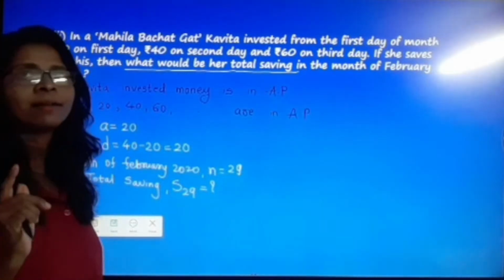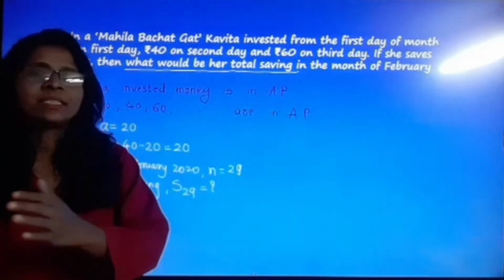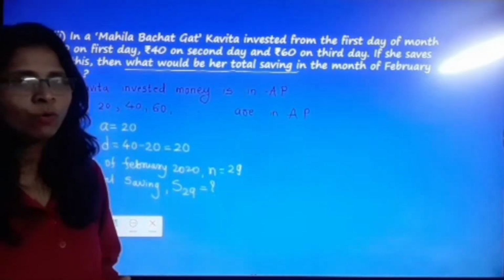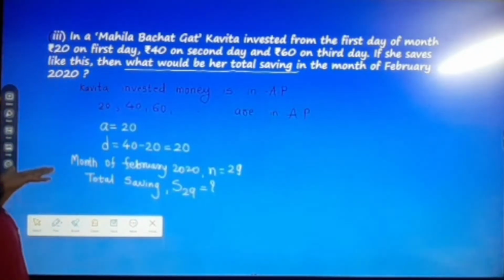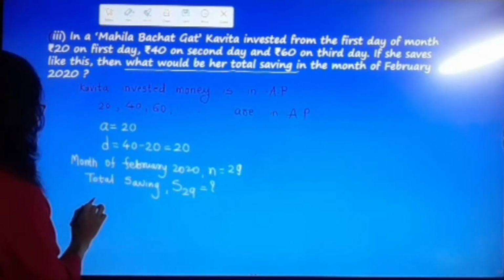Because the number of days is 29, and one by one as the days pass, she invested the money. So now this is the given information, and we write down the formula for the SN.